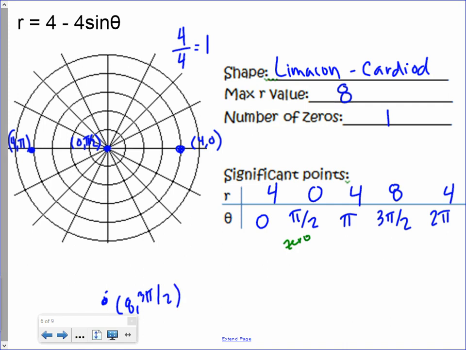And then back to 4, 2 pi. Remember, this guy here at the pole is where I get that heart shape. Then I try again to keep it round, as best I can. This one is going to be kind of oblong in my picture. I probably should have gone more over.